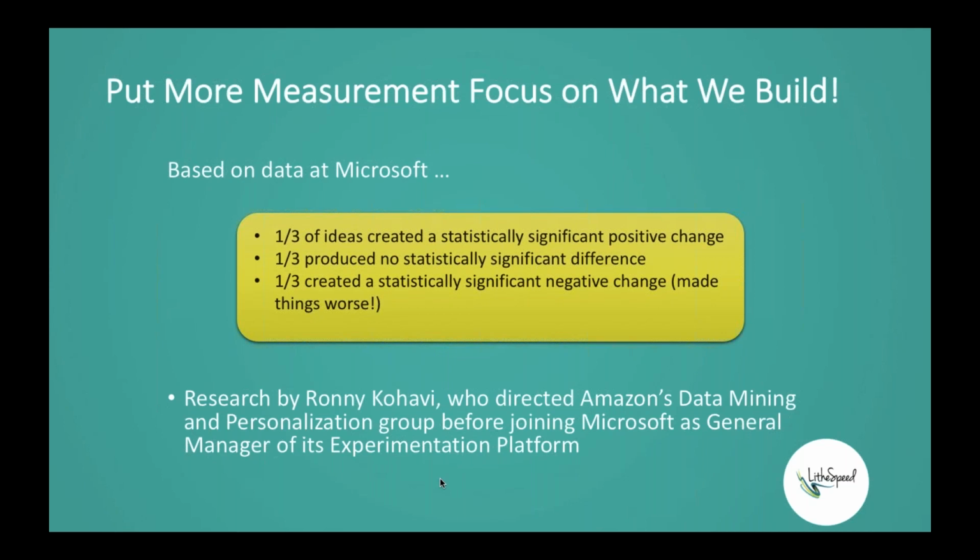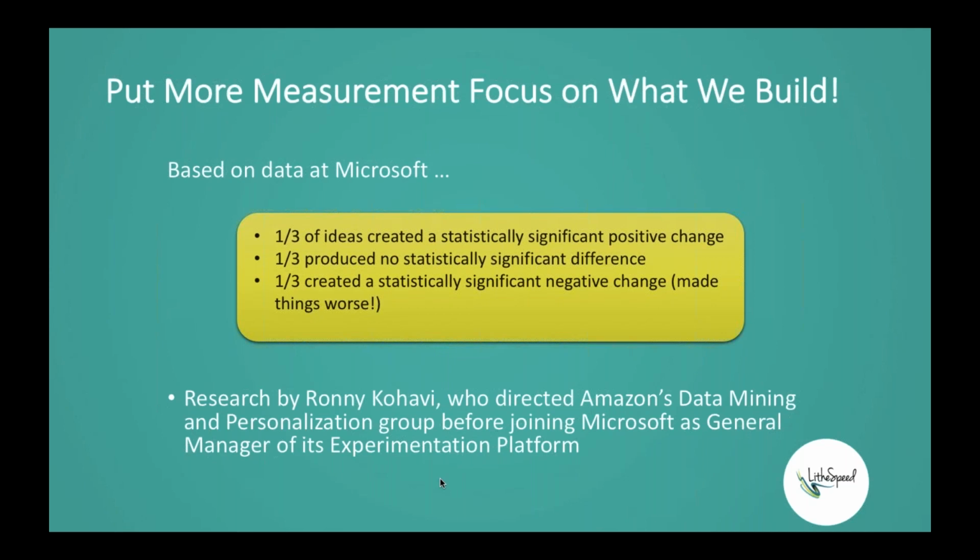Here's a little bit of data from Ronnie Kohavi, who's experienced with Microsoft and Amazon, and he says about a third of the ideas have a statistically significant positive change for the business. We get the outcomes that we had hoped to.